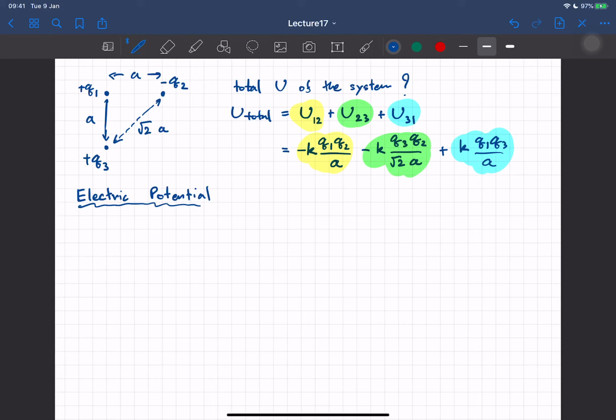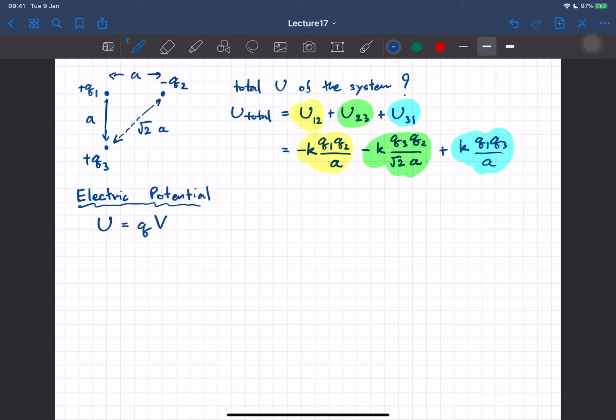Here we're going to call V. This is called electric potential. It doesn't have the word energy here, so it's not an energy. Okay, so it's just electric potential. And sometimes we just call it potential, V. And the way we define it is U equal to Q times V.